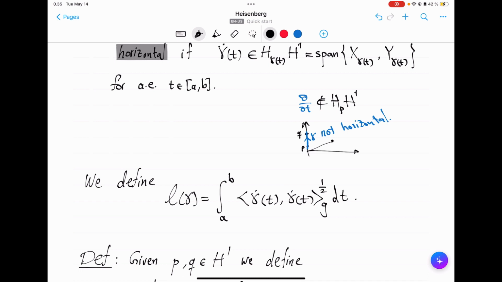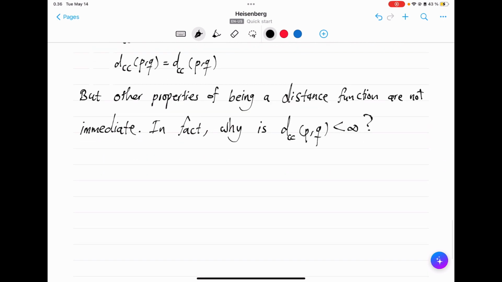So is there a way to still connect any given pair of points P to Q without violating that? We will see that there is a positive answer under some assumptions in a much more general setting, and let's not dive into that at this point. But the consequence of the theorem that I mentioned will be that H1 with this d_CC is indeed a metric space.